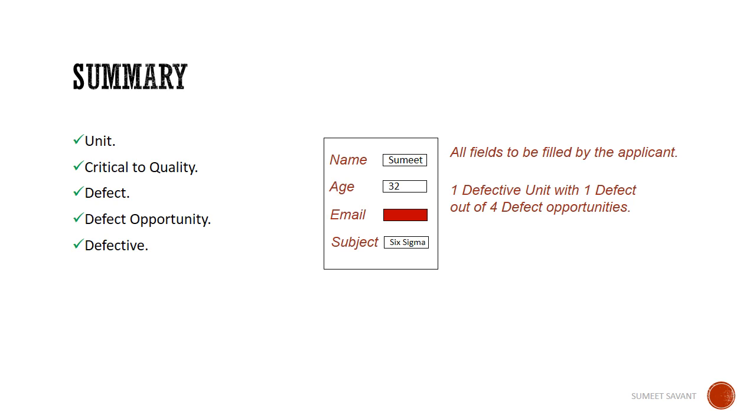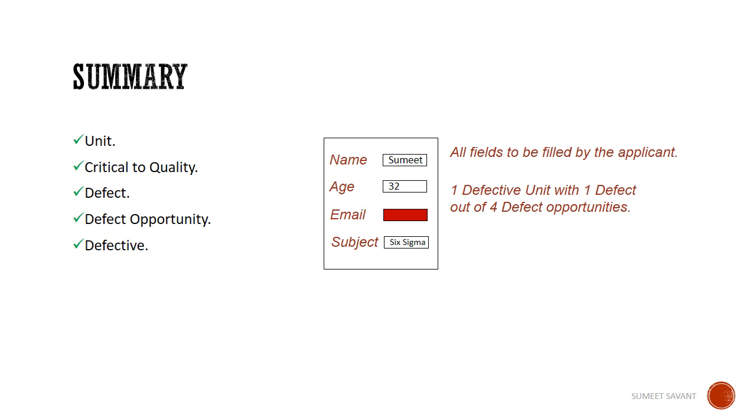Hence, to ensure the quality of the unit, it was critical that the applicant had to fill all the four fields. Since four fields had to be mandatory filled, failure of filling any of them would be a defect.